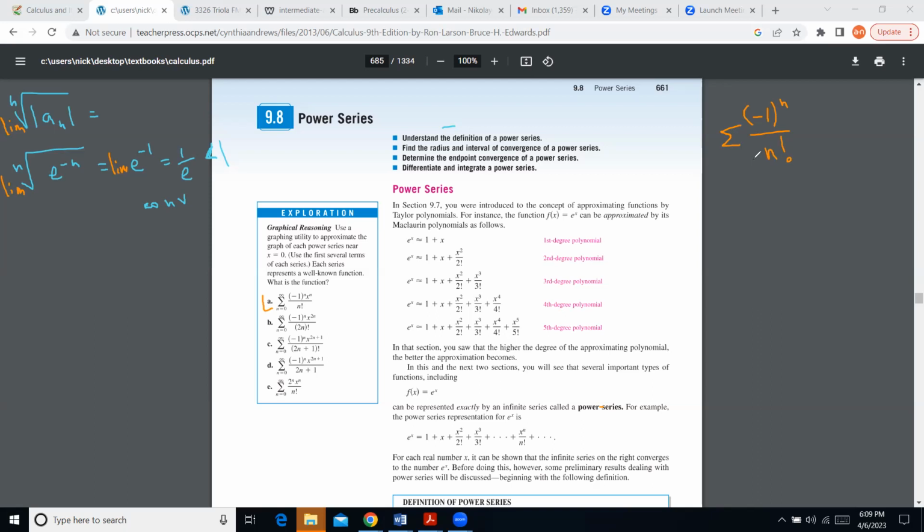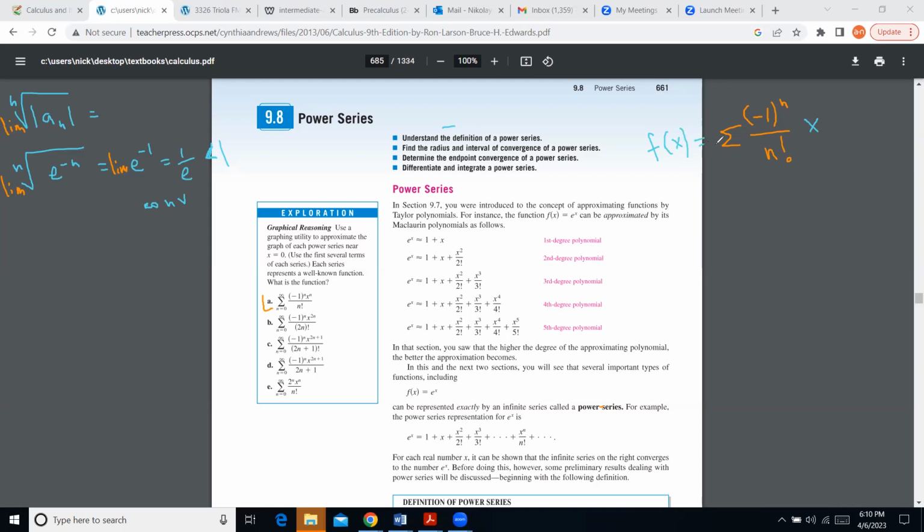It'd be a convergent series because its nth term approaches 0. It's a sign alternating series. But now they multiply it by x^n. That's something we did not have in the previous sections. So it becomes a function of variable x.